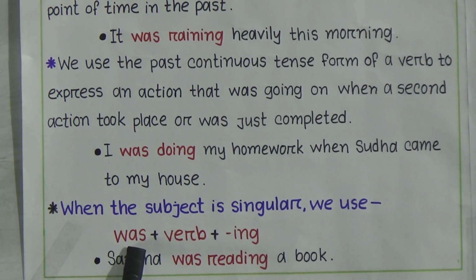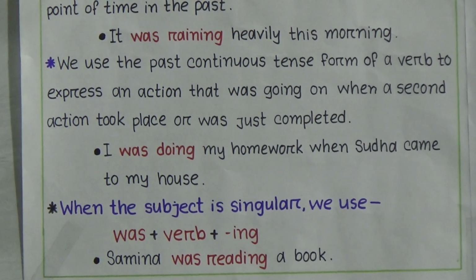You can't use were because we know were is used for plural subject. So according to the rule, we use the verb read, and with the verb we add ing, and the word is now reading. Then object. Samina was reading a book.